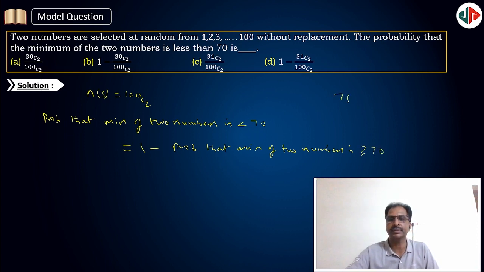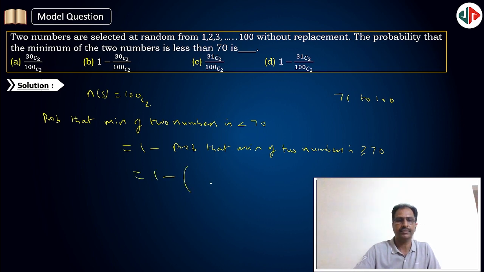Greater than or equal to 70 means 71 to 100. How many numbers are there from 71 to 100? 30. So select any two from that. So 1 minus 30C2 by 100C2.